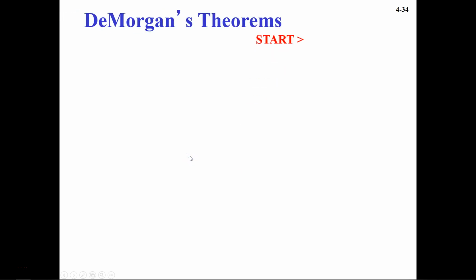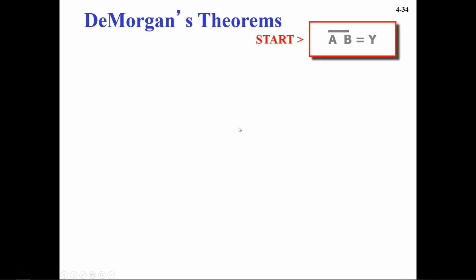Now let's see how this theorem works. There are 4 steps which are needed to convert a max term to a min term Boolean expression, or from min term to max term form. These 4 steps which we are going to see now are based on De Morgan's theorem, and they are as follows.